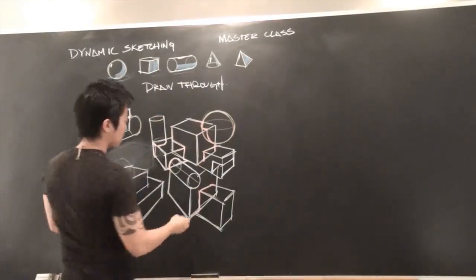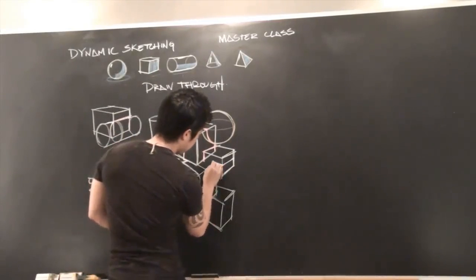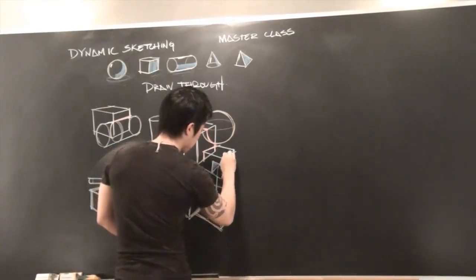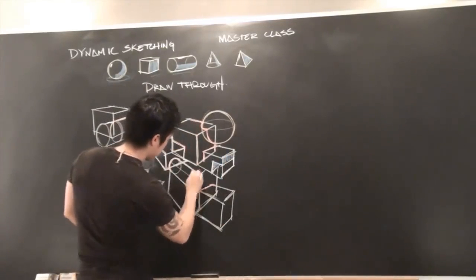Once you get comfortable with that, look for some form shadows and cast shadows, things that you can fill in. Using some of your cross-hatching, line work.